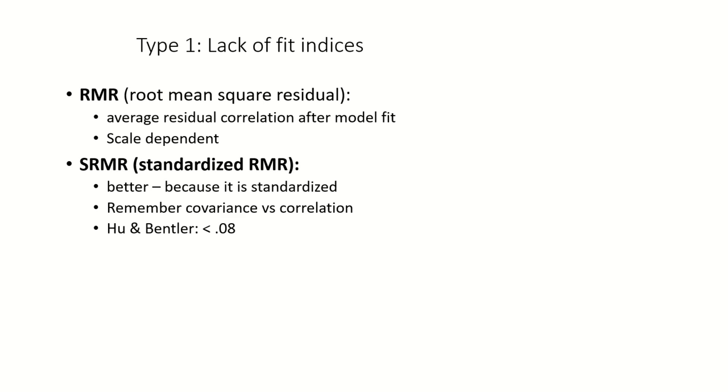So a lot of people said, let's just standardize that, essentially the same thing as a correlation is to a covariance. Now it reflects the covariances as correlations. And here Hu and Bentler argued that if the SRMR, the standardized root mean square residual, is smaller than 0.08, it would indicate that our model fits reasonably well.